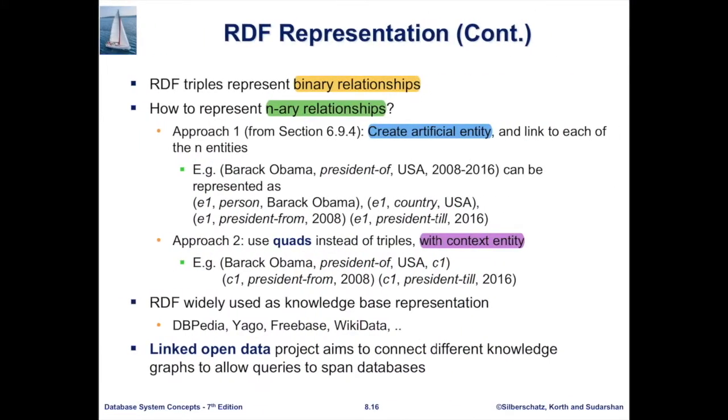Okay, so note that the RDF triples represent binary relationships, di ba? So since it's a triple, dalawa lang naman yung kinoconnect natin. But the question is, how can we represent n-ary relationships or relationships between n objects? Ang sabi dito, we have two approaches. The first approach is we can create an artificial entity na, let's say, E sub 1.